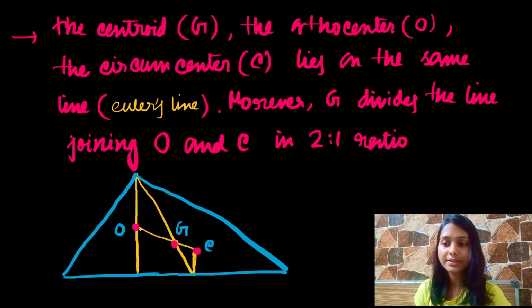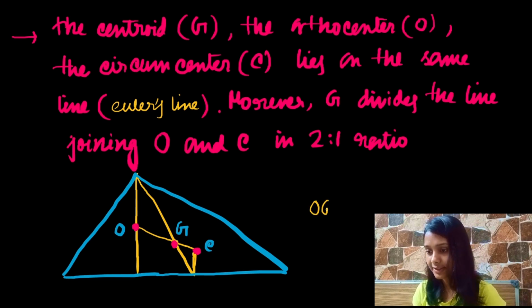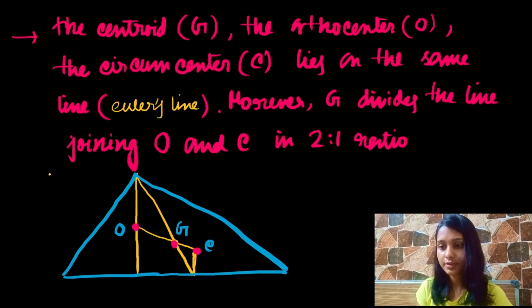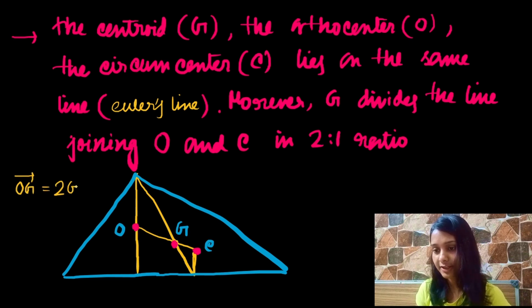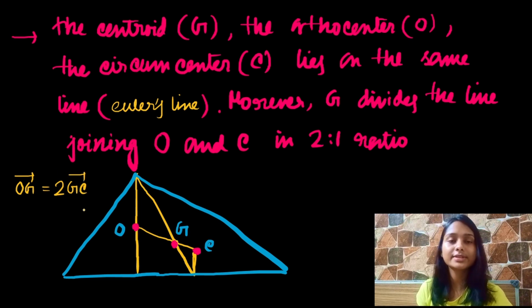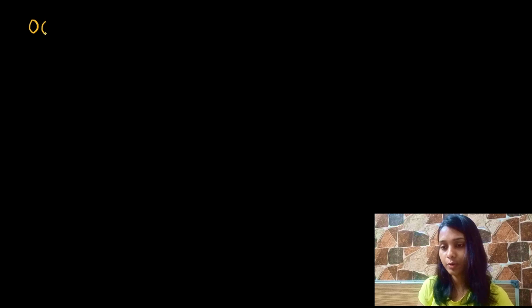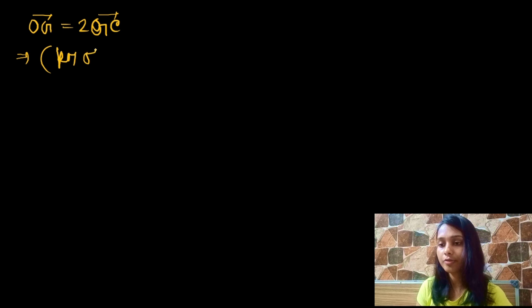So vector OG will be 2 times vector GC. Okay, so we are going to use this one. So vector OG equals 2 times vector GC.